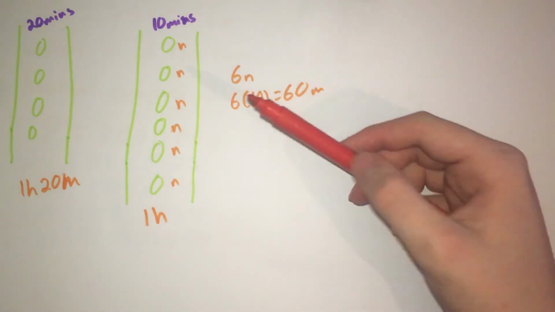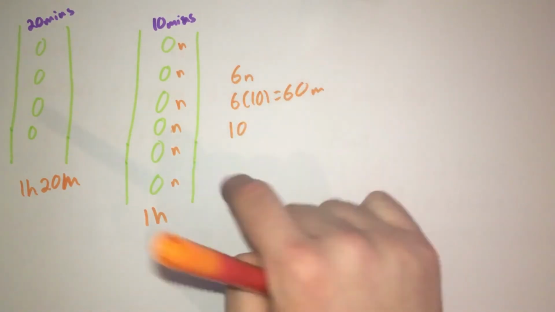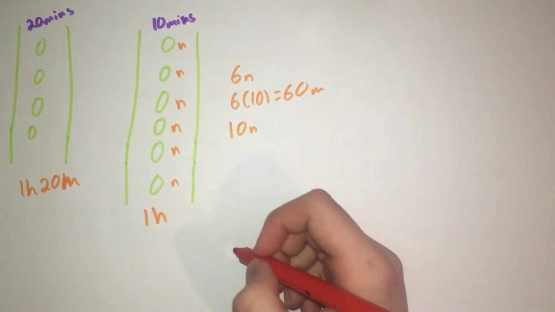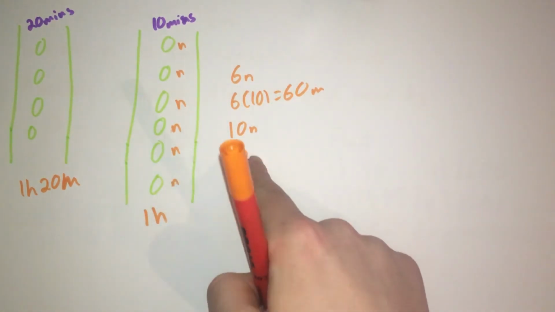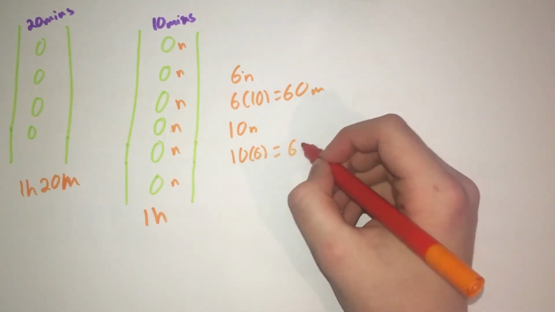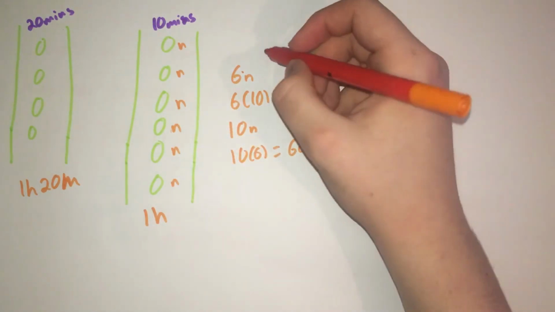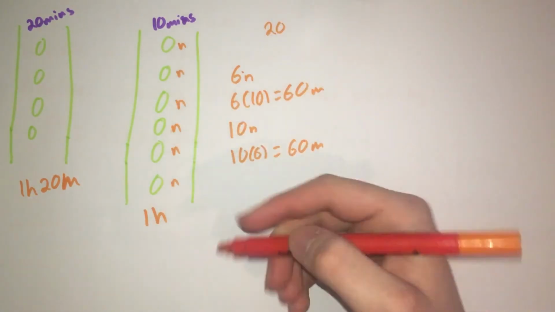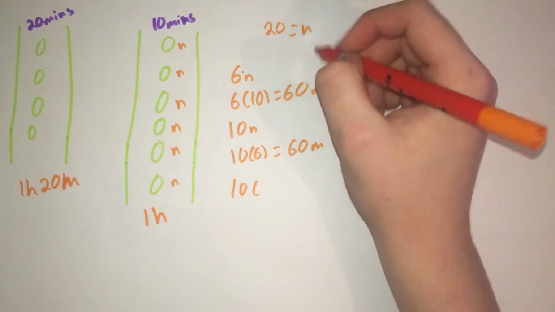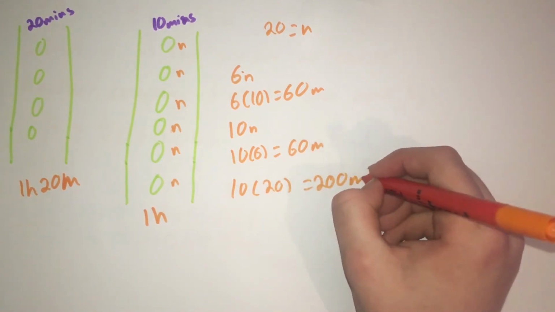But a better way to do this is to put in 10, because that represents how many minutes, then N. So in this case, we have 6 lots of 10N, which equals 60 minutes. Say if we had 20 people in this queue, we could do 10 times 20 equals 200 minutes.